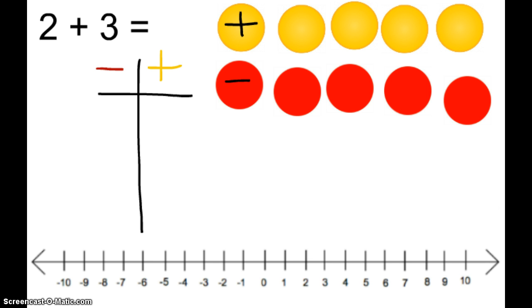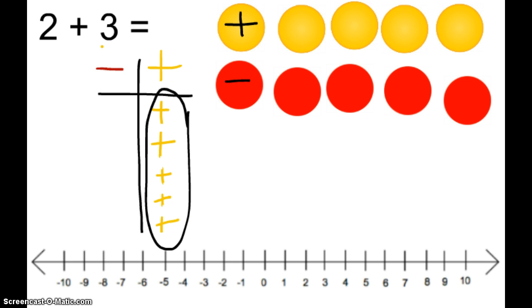Let me show you a T-chart. I have negatives on the left, positives on the right. I have 2 positives, so I'm going to draw 2 pluses over here. And then I also have 3 positives, 1, 2, 3. I have nothing on the left, so what do I have altogether? I have 5 positives.